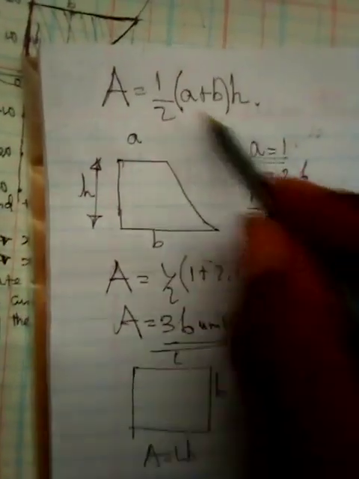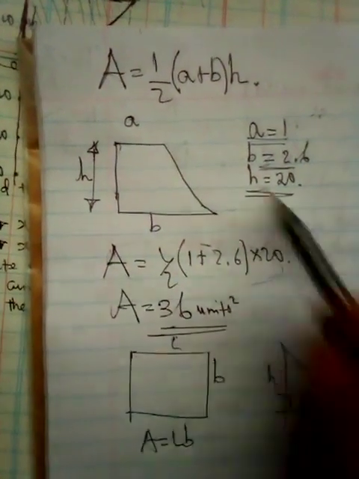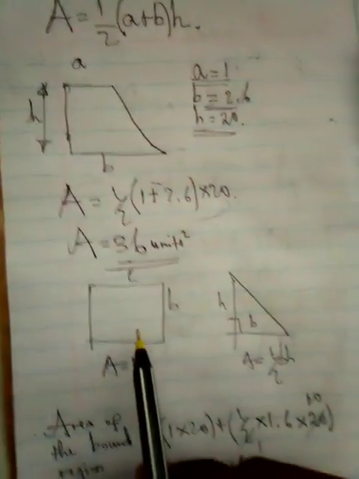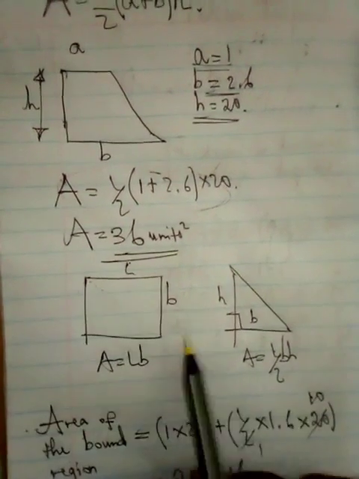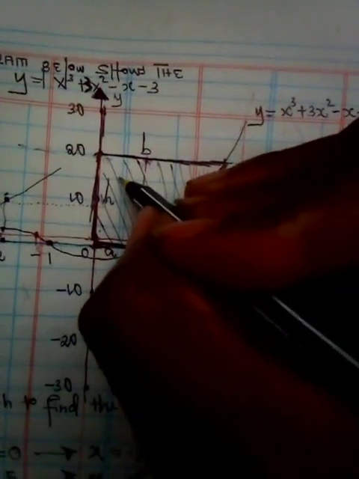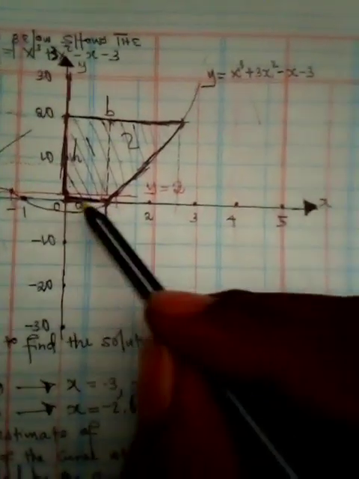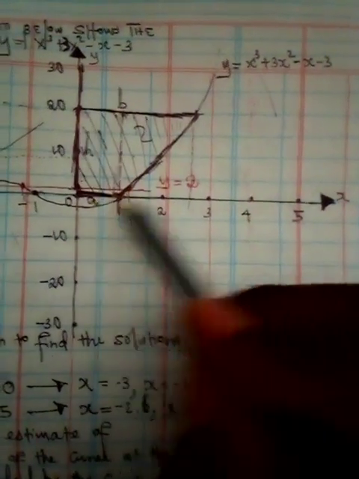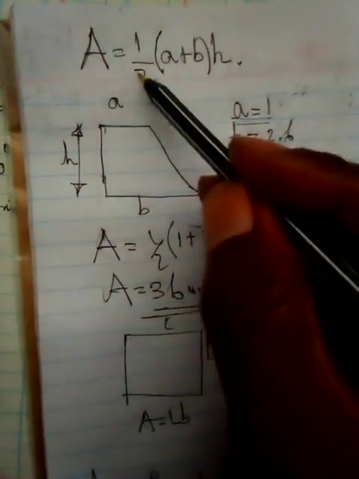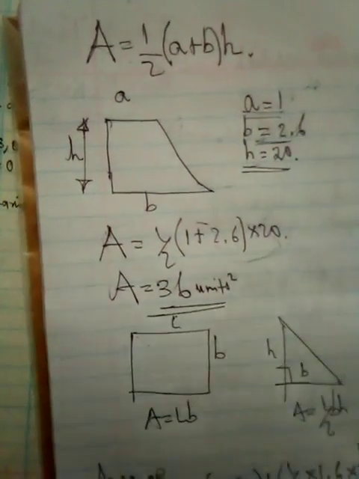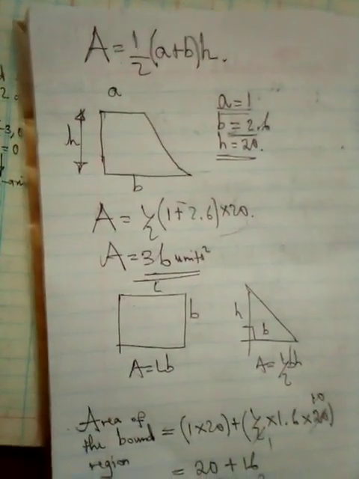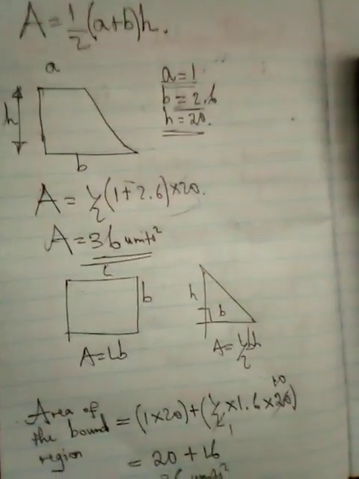So in the case where you forget the trapezium way, if you can still remember the area formula of a rectangle and that of a triangle, it's easy. Just divide it into a rectangle and a triangle, find the areas, and add them. If you still remember the trapezium formula, just go directly using A is equal to half (a plus b) h, and that will be the solution that you're going to have.